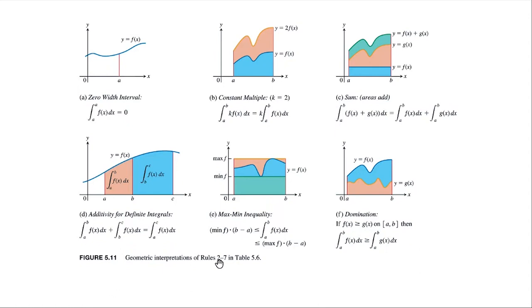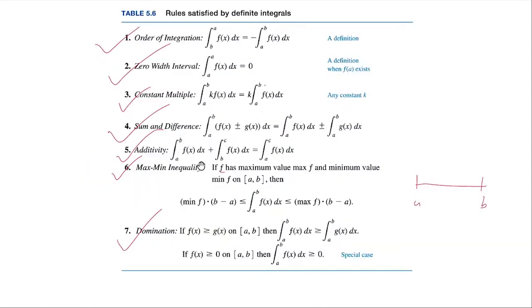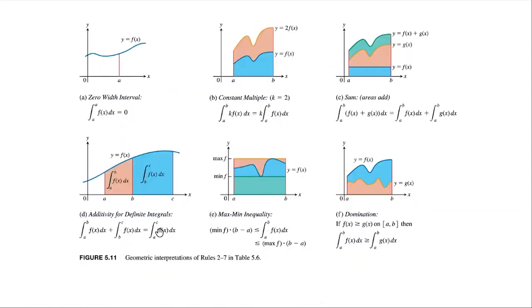These are some geometrical interpretations of the rules from 2 to 7. So here are the rules and these are the geometrical interpretations. For example, for 2, this is integration of f from a to a. That means that is 0 actually, because the width of that is 0.